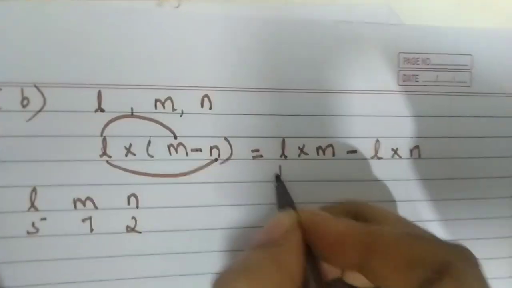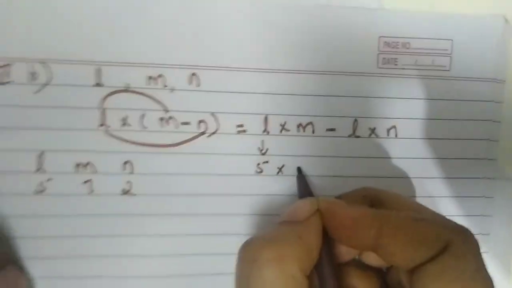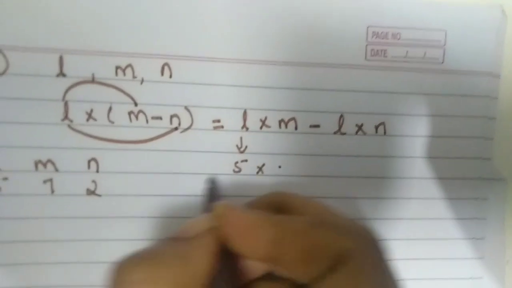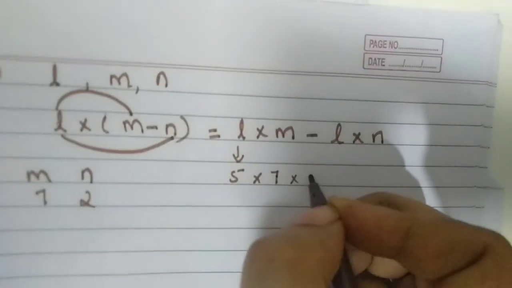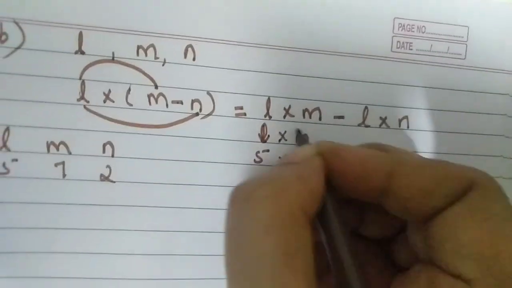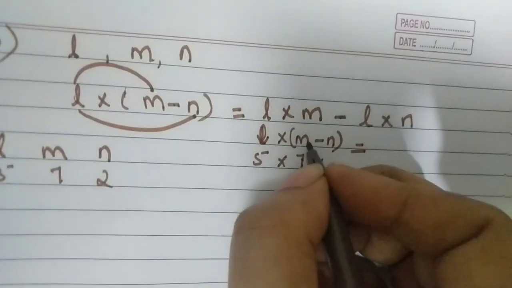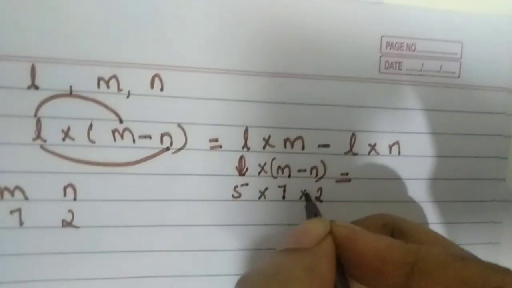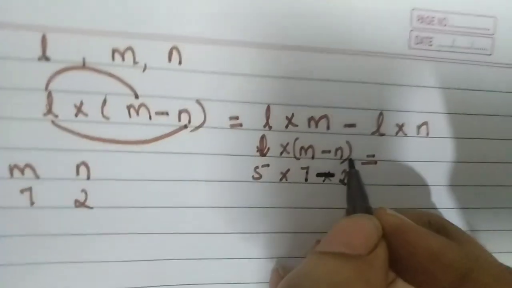So L is 5, M is 7, and N is 2, once again L into (M minus N). Okay, this is the question. I'm sorry, it has to be minus here. So L into (M minus N).